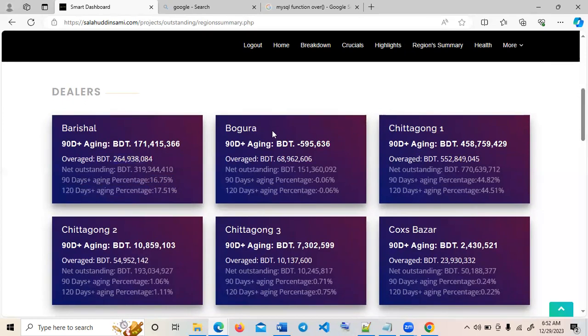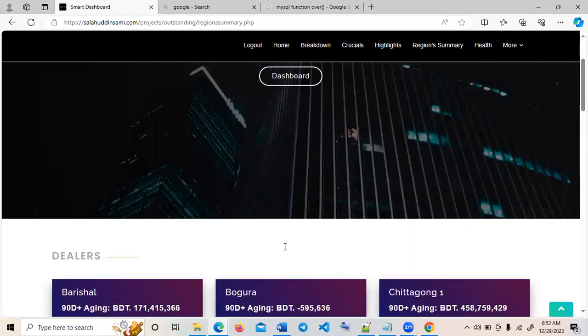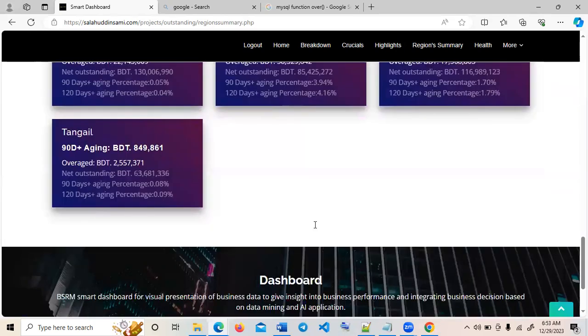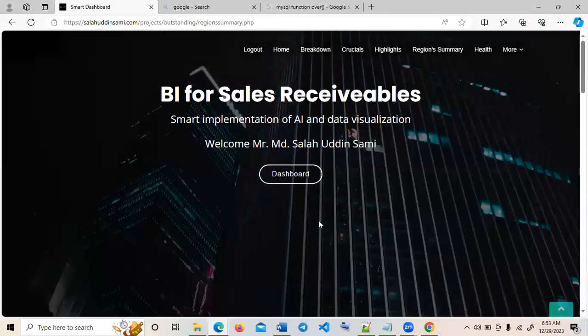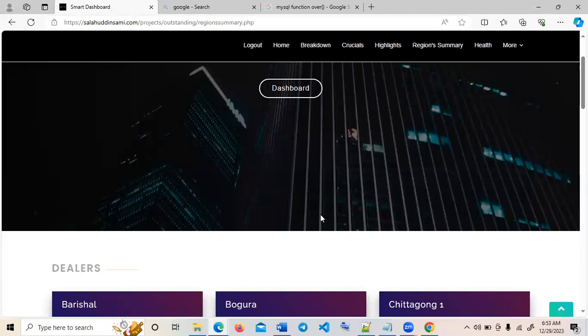For every region where my client has business, it shows very nicely summarized cards. So that's all for this business intelligence software that I developed for one of my clients.